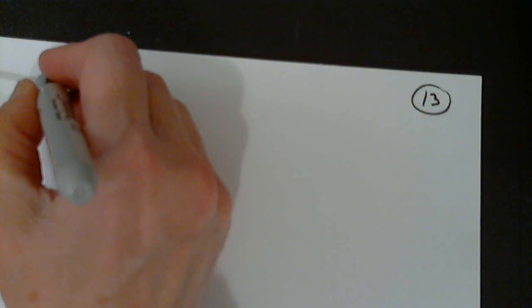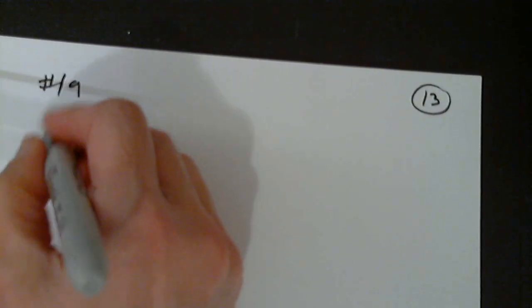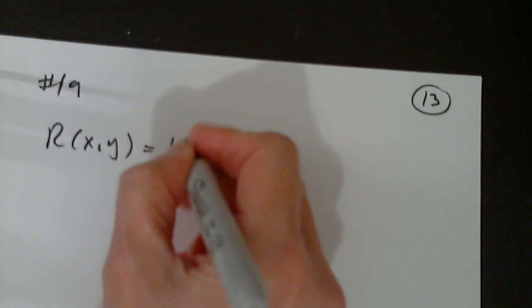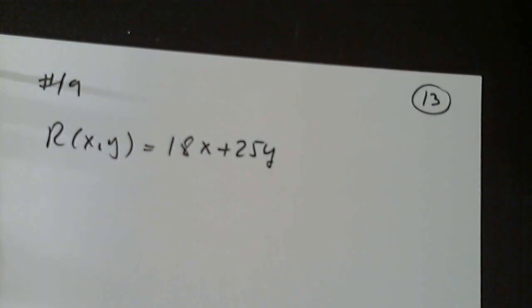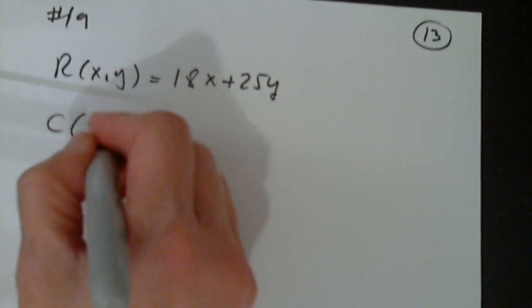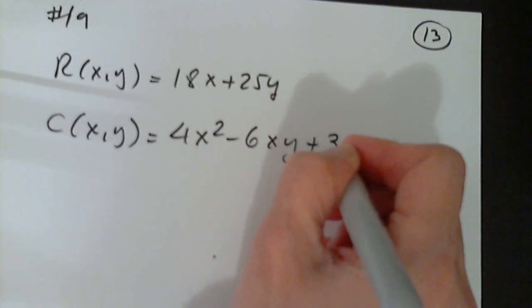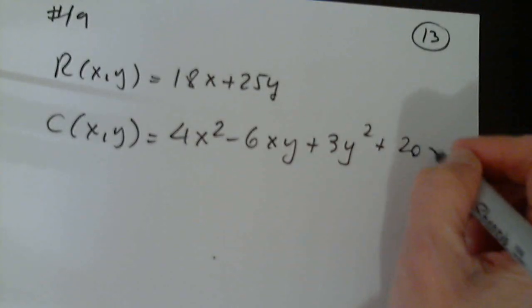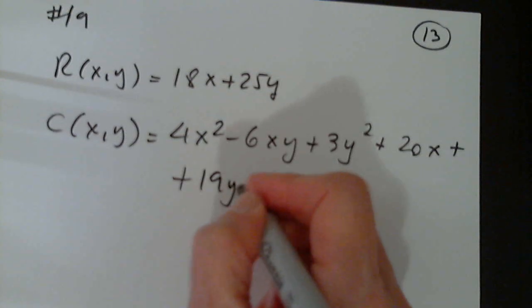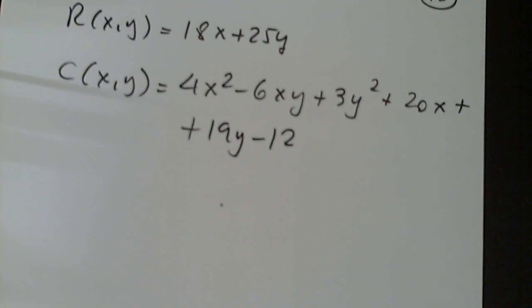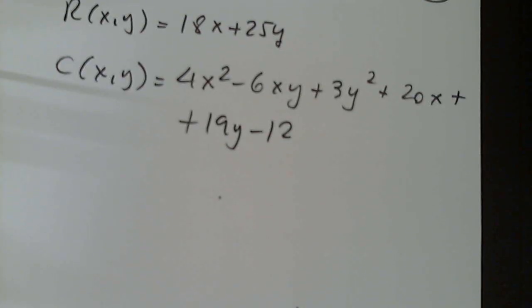Total revenue from the sale of X thousand shirts at $18 each and Y thousand at $25 each is given by, so we have, that's 19, and we have the revenue as 18X plus 25Y. And the company determines that the total cost in thousands of dollars is 4x squared minus 6xy plus 3y squared plus 20x plus 19y minus 12. How many shirts should be produced and sold to maximize profit?